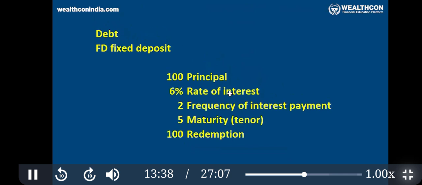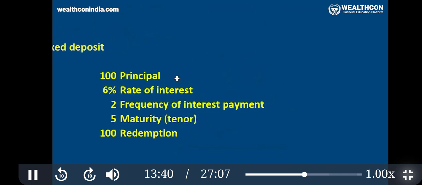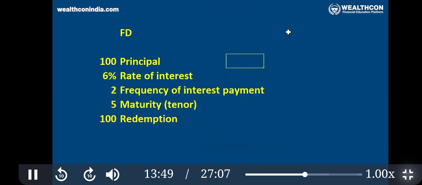What about bonds? Bonds are exactly like FD, but there are slight variations: bonds can be traded, while FD cannot be traded on the stock exchange or to each other. So FD is a non-tradable asset.